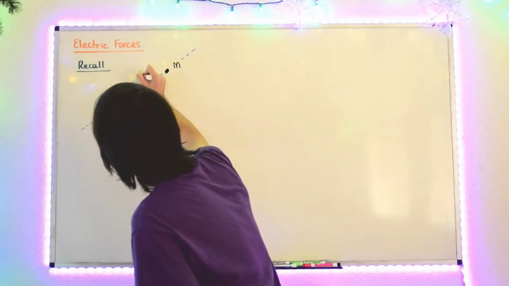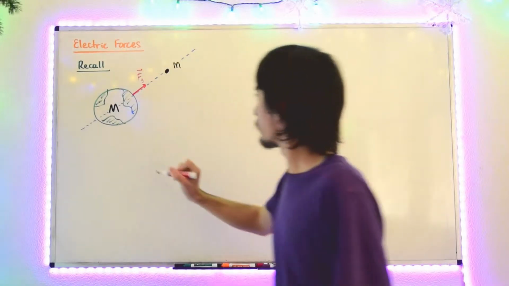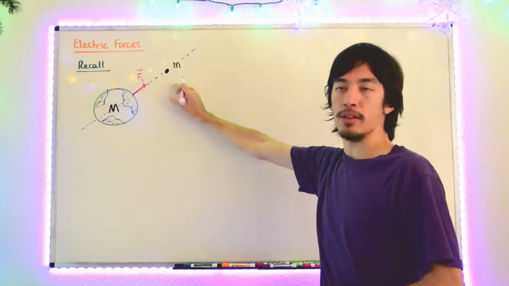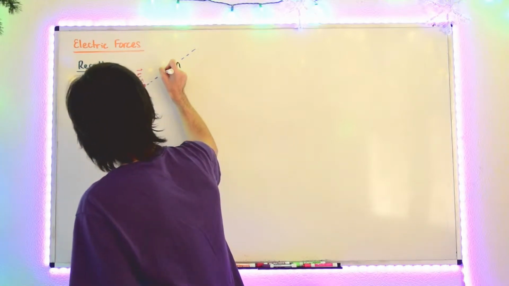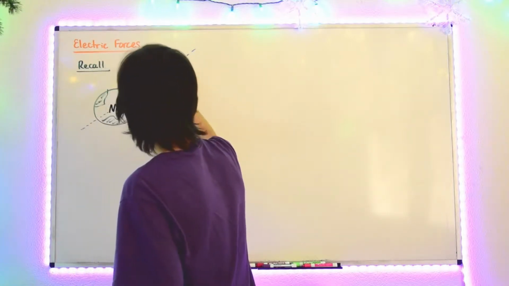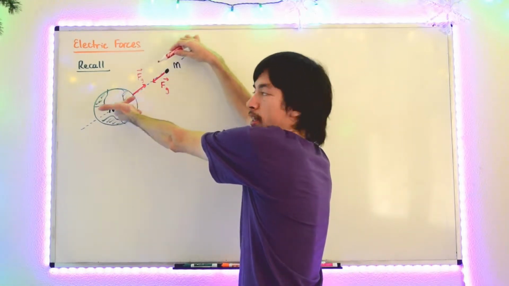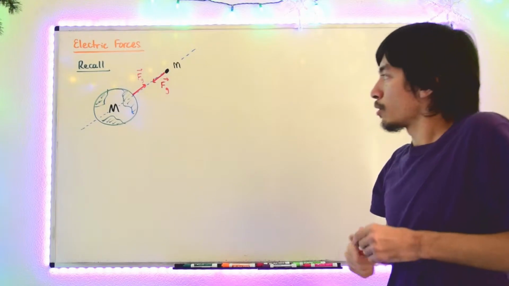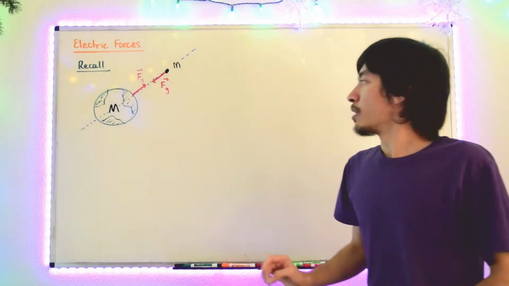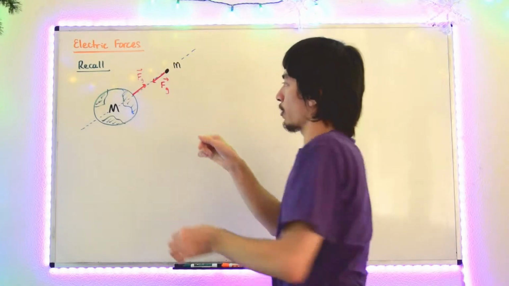Some force, F subscript G for gravity. And on this other mass, there would be another force pulling it with the same amount, just in the opposite direction, along the same line. The forces are towards each other. The masses were always positive, so the forces were always attractive.